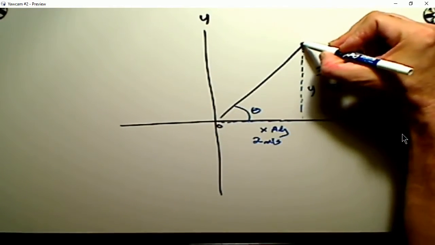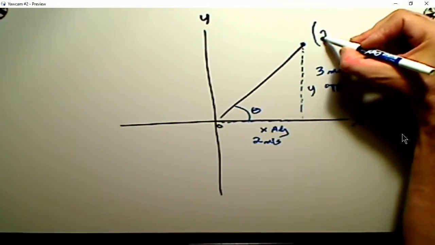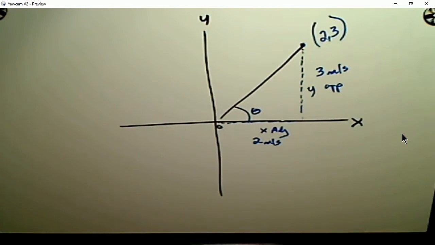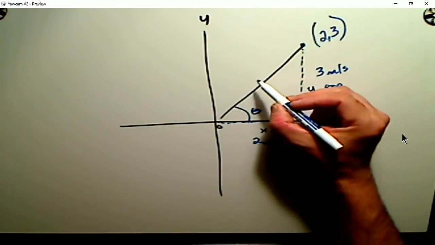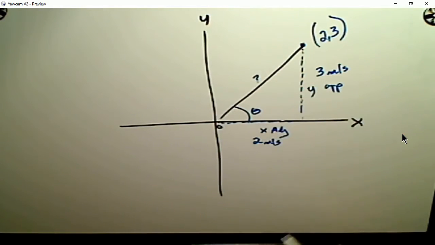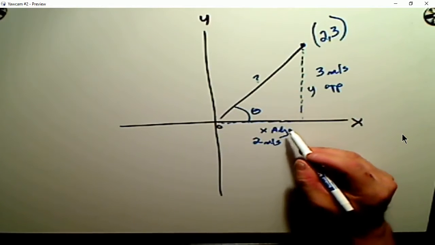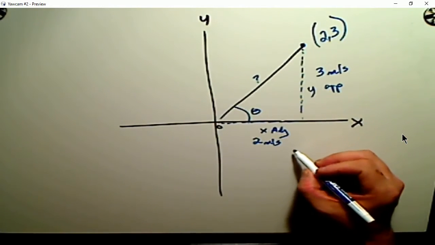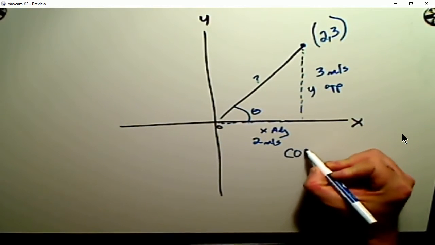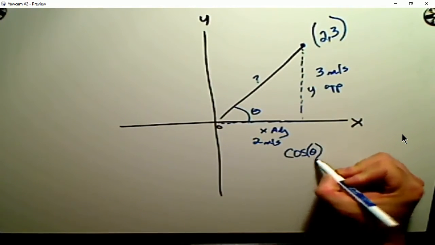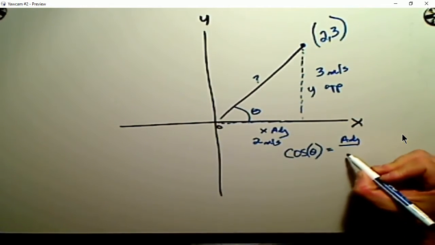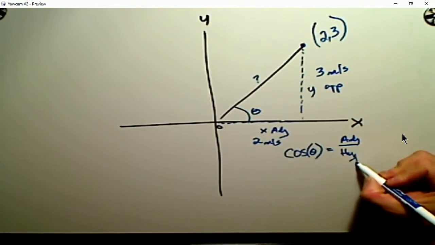This point here, you're probably familiar with seeing it in this notation, and you should already know how to get this hypotenuse and how to work with the adjacent side and the opposite side. Using these trig identities, the cosine of an angle is equal to the adjacent side over the hypotenuse.